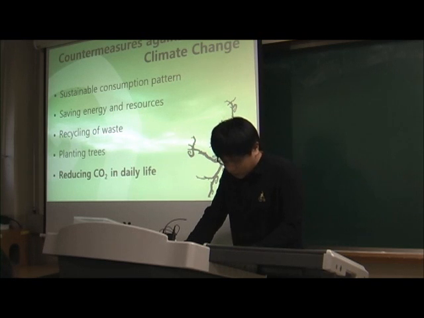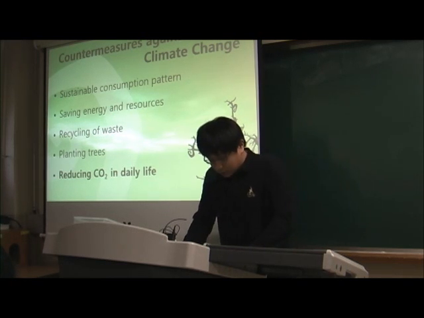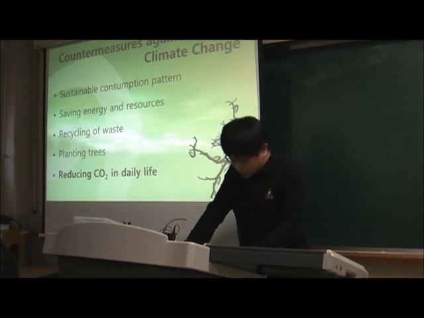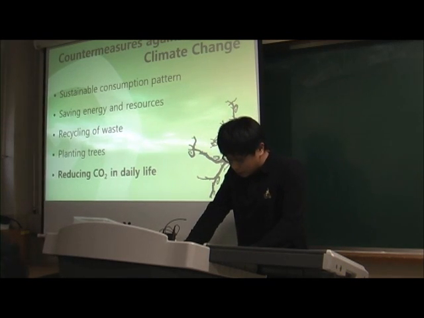And planting trees. Trees are a perfect example of carbon dioxide consumer. For example, Northern European countries have so many trees and forests so that they do not have severe problems caused from greenhouse gases. But the most easy and important thing is reducing carbon dioxide in daily life.